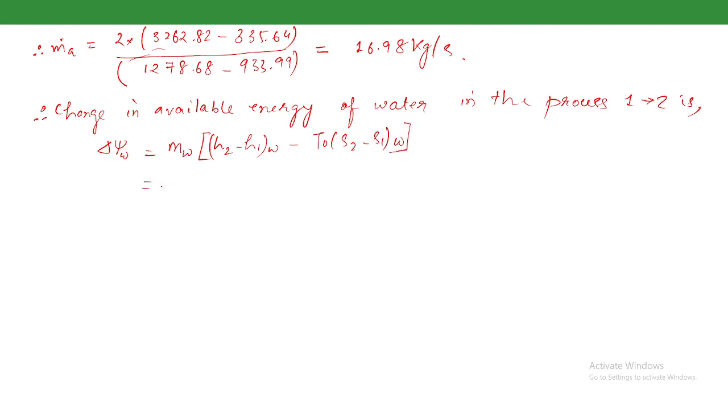Okay, so what is the mass of water? 2. Okay, this is 3262.82 minus 335.64, times 8.64, minus T naught, which is 298, times 7.4634 minus 1.0747.